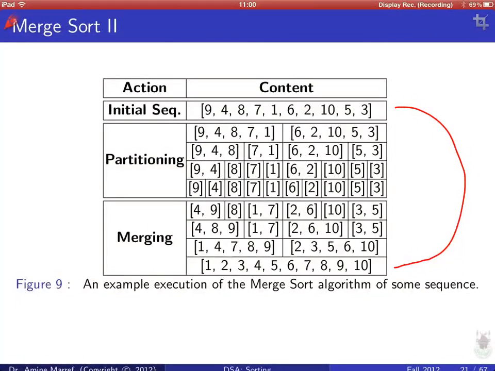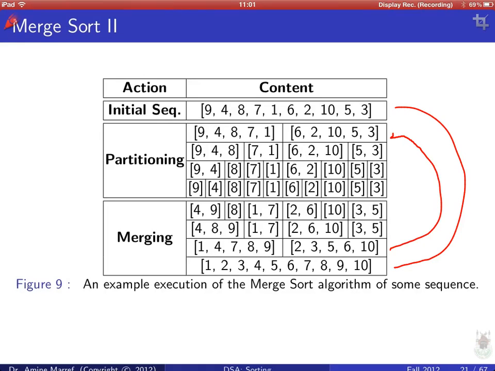So each time the merging is using the result of another merging operation, and because all merging operations give us sorted sequences, the input to a merging operation is always sorted. That's an important property which is going to help us in terms of complexity.